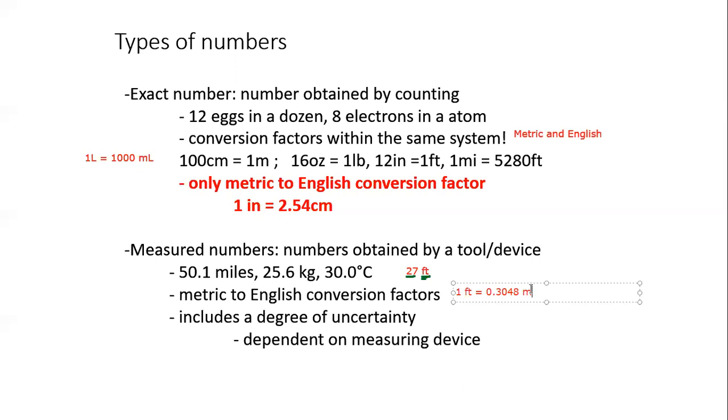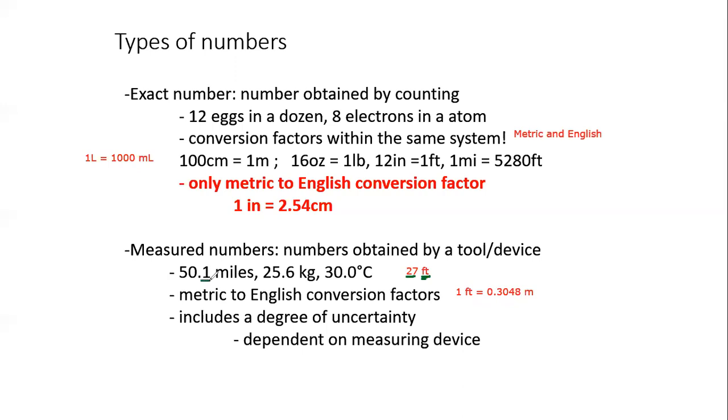So when we're doing measurements or we're dealing with measured numbers, we have certain digits that are significant. That means they're important. So for example, when we look at this 50.1 miles, what this means is that we know this value to the 10th place. After the 10th place, we don't know what comes after.